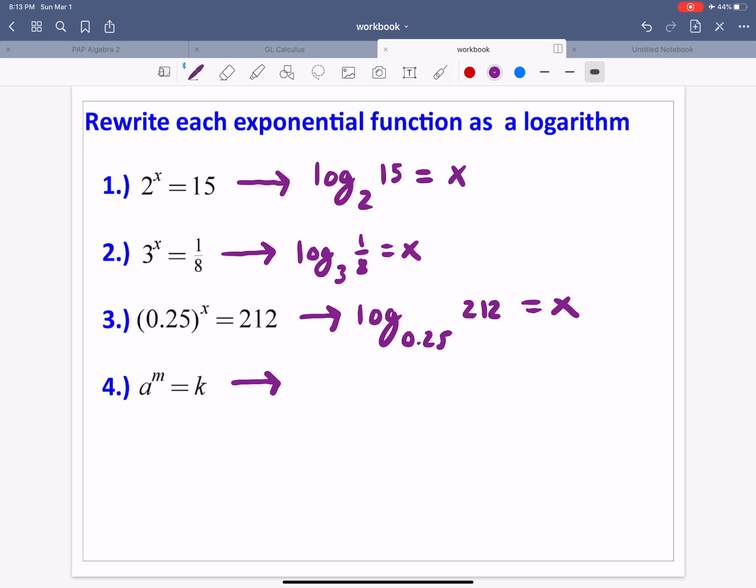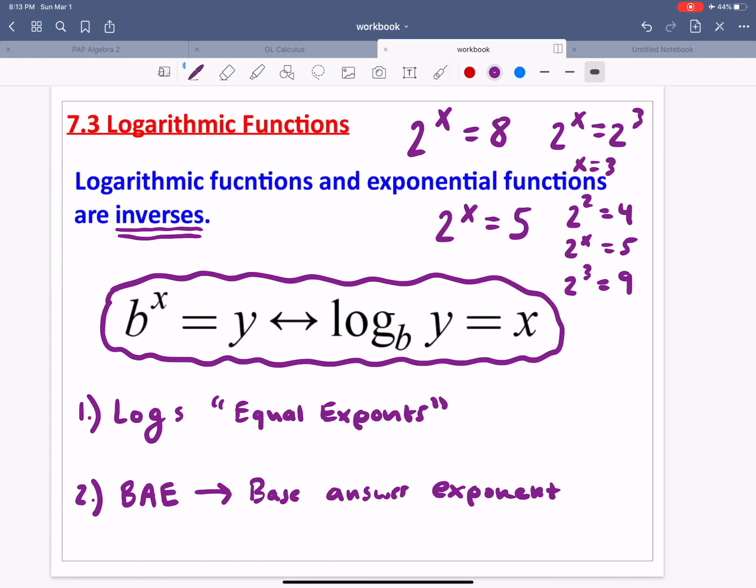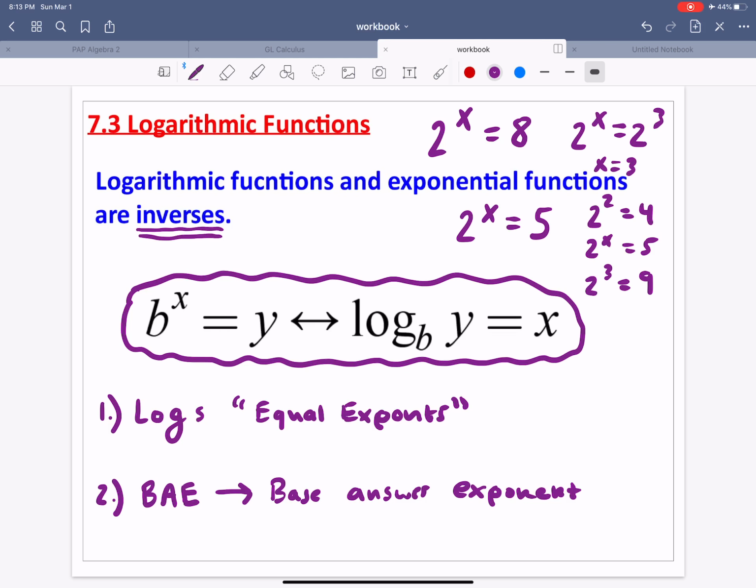Just because it's all letters, don't freak out about that. Log base a, answer, exponent. Log base a of k equals m. Super straightforward. There's no trick, there's no catch.